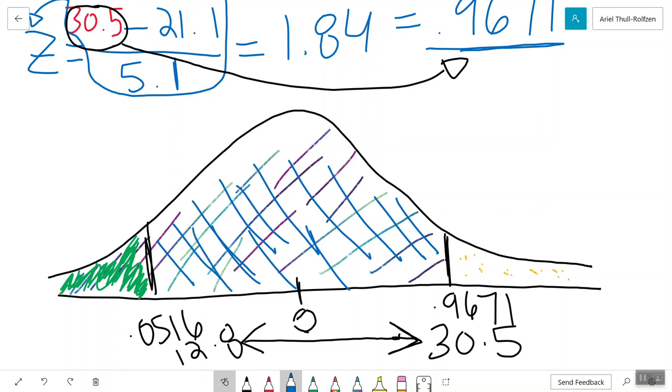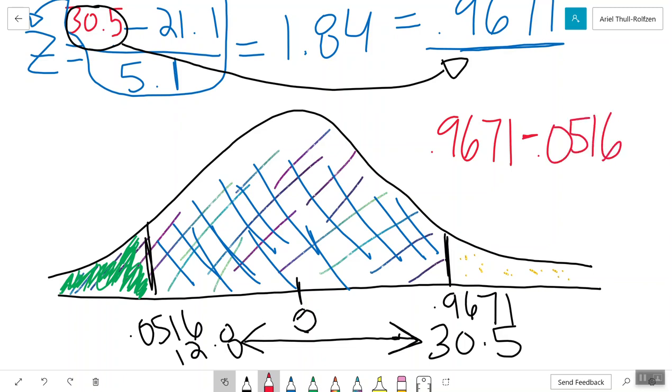So what we're going to do is take that 0.9671 and subtract 0.0516 to get the area in between the two. And that is actually going to give us 0.9155.